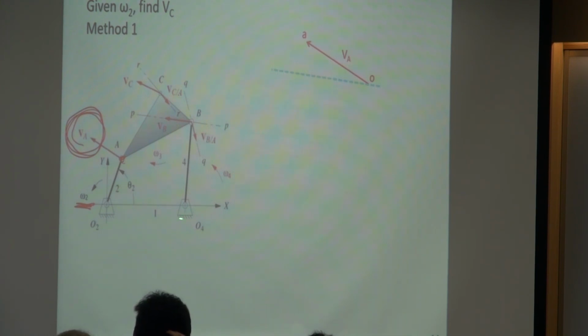So if this one is the origin and we want to find the relative velocity of point B to A, then what would be the direction of VBA? It's similar to the previous VA and VB. We know the VBA is going to be perpendicular to this line, because it's B relative to A, so we consider A as the origin. So B is rotating about A. Can you accept this one?